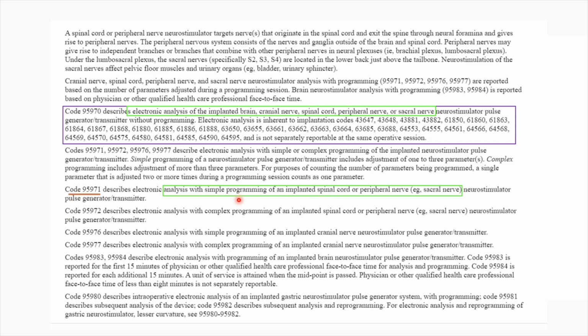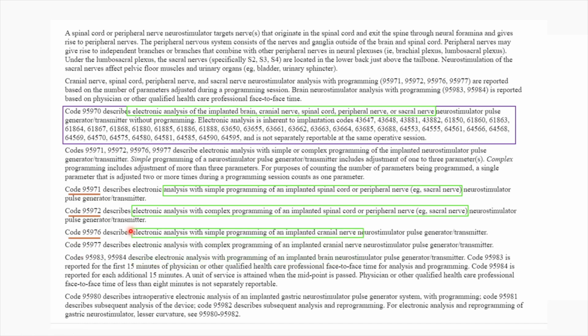As I said, there is an analysis portion. The 95970 codes only for the analysis portion. In 95971, we have an analysis portion as well as simple programming, and these are for the one located in the spinal cord or peripheral nerve. Let's look into the next one, 95972. This involves electronic analysis along with complex programming of a neurostimulator, pulse generator, or transmitter located in the spinal cord or peripheral nerve.